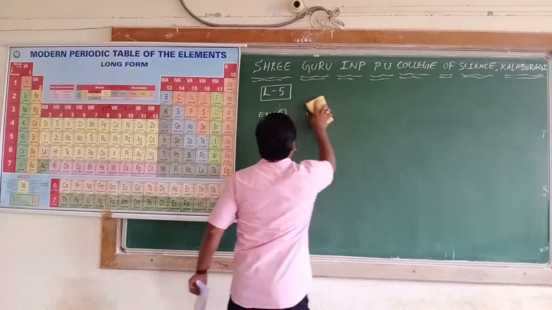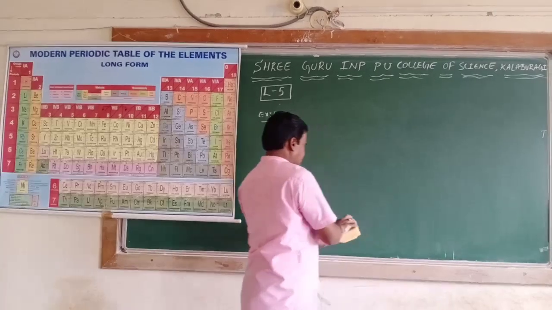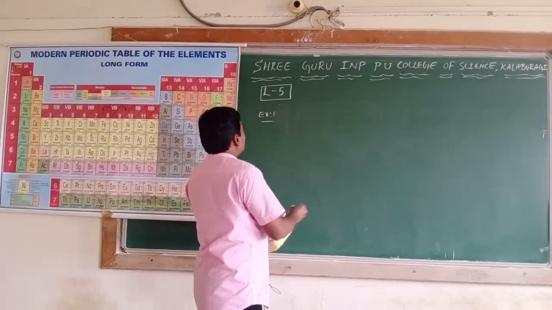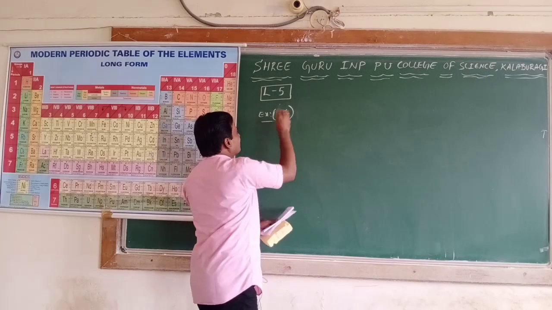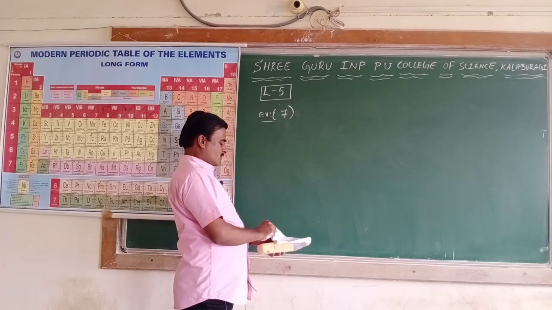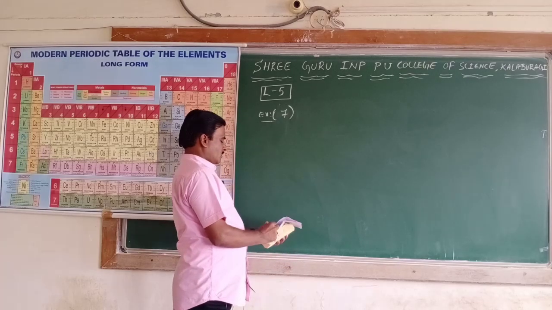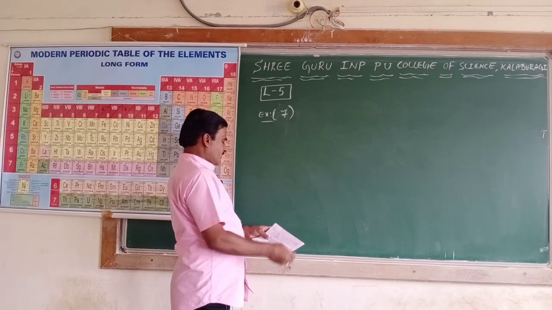Example number 7. Take this. This is of a different type.